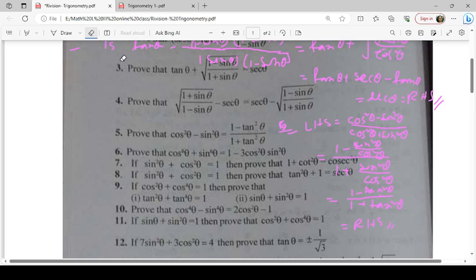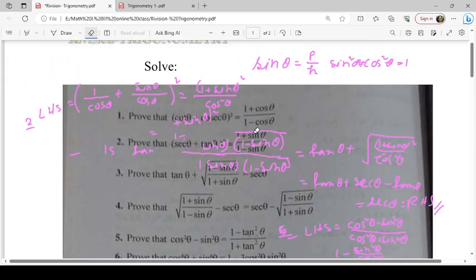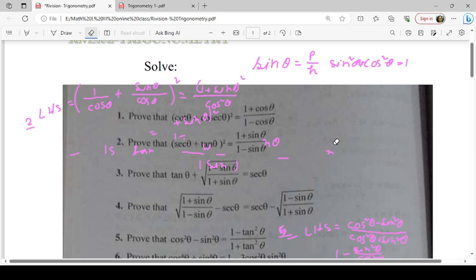We'll erase this one. Let us have some space here so that we can do this right here.